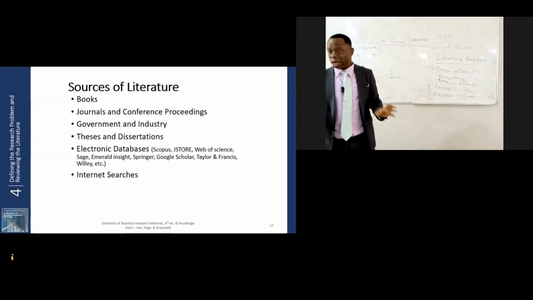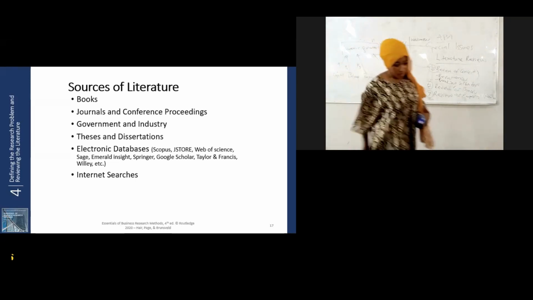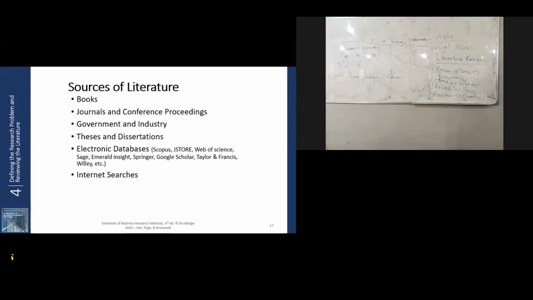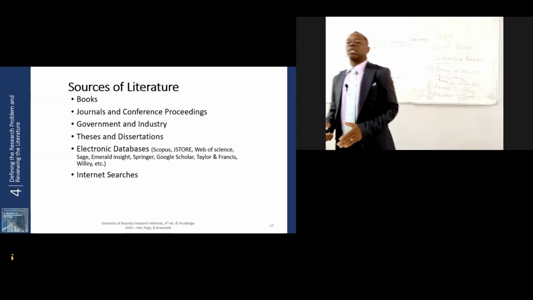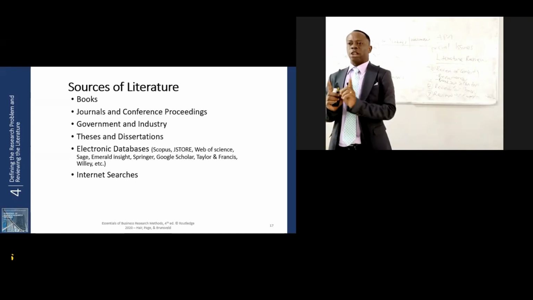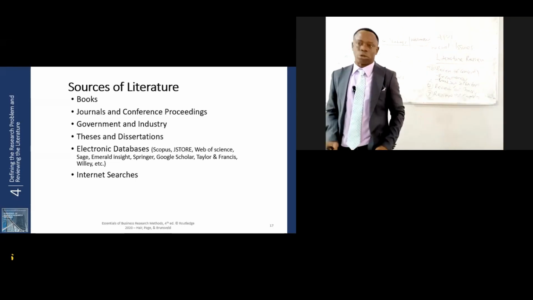When you get literature from here, it is genuine literature. And other internet searches. Now, by order of validity and preference, we usually prefer that your literature is coming from journals or edited books.